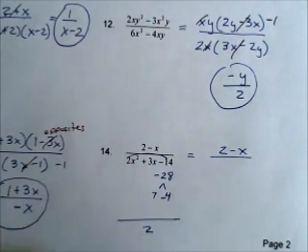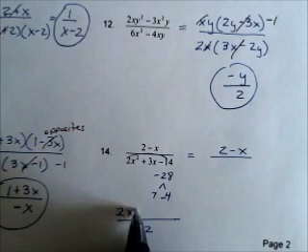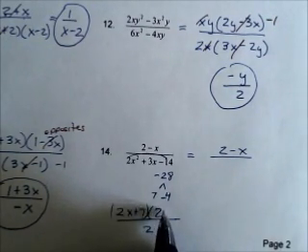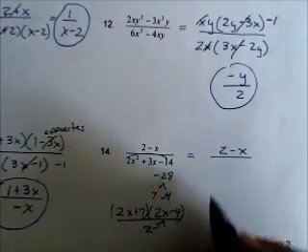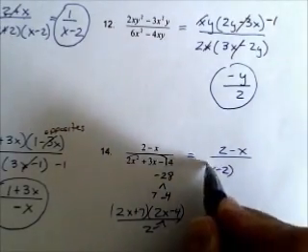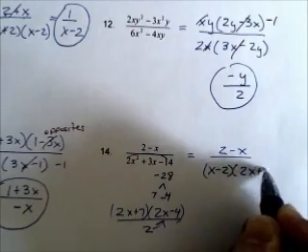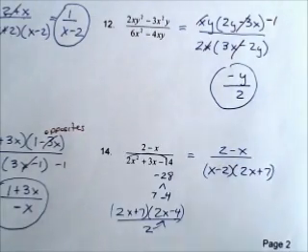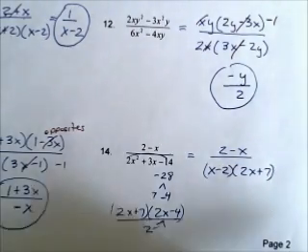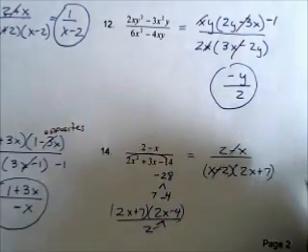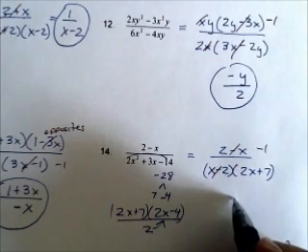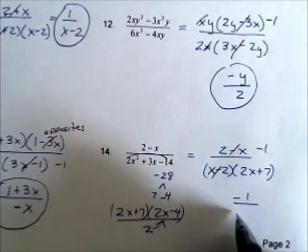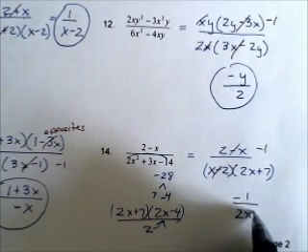Fraction bar, 2 in the denominator, 2x plus 7, 2x minus 4, and 2 goes into the 2x minus 4, x minus 2 times. And bring over our other factor, and then recognize the 2 minus x and the x minus 2 are opposites. I'll place the negative 1 in the numerator. Result, negative 1 over 2x plus 2.